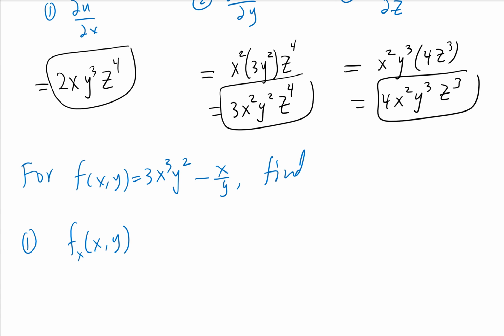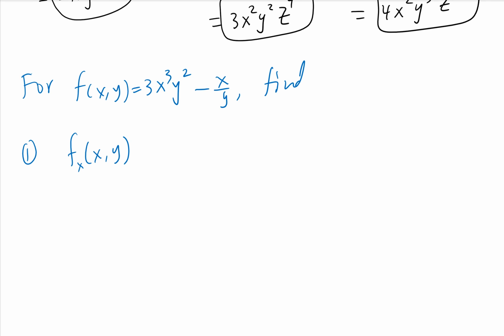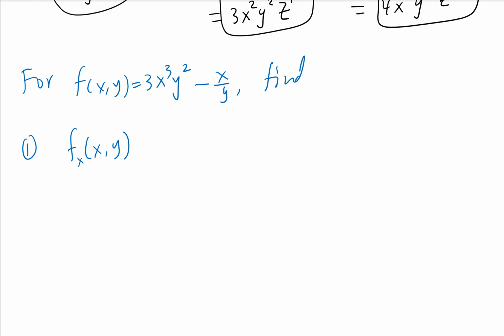That means find the derivative of the function with respect to x, or partial derivative. That's the same as partial f partial x. Again, this is the same as partial f partial x, just a different notation. Same thing we're going to find for y.